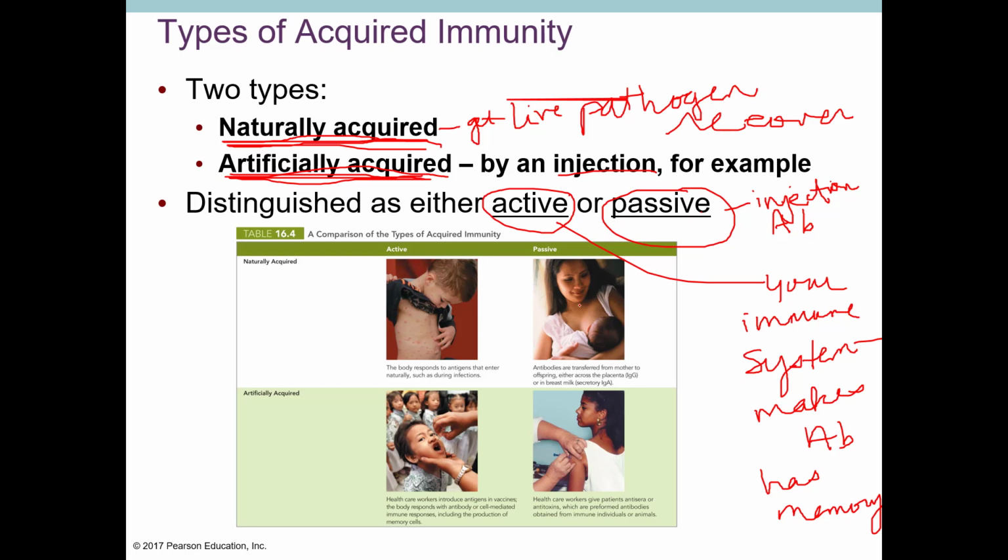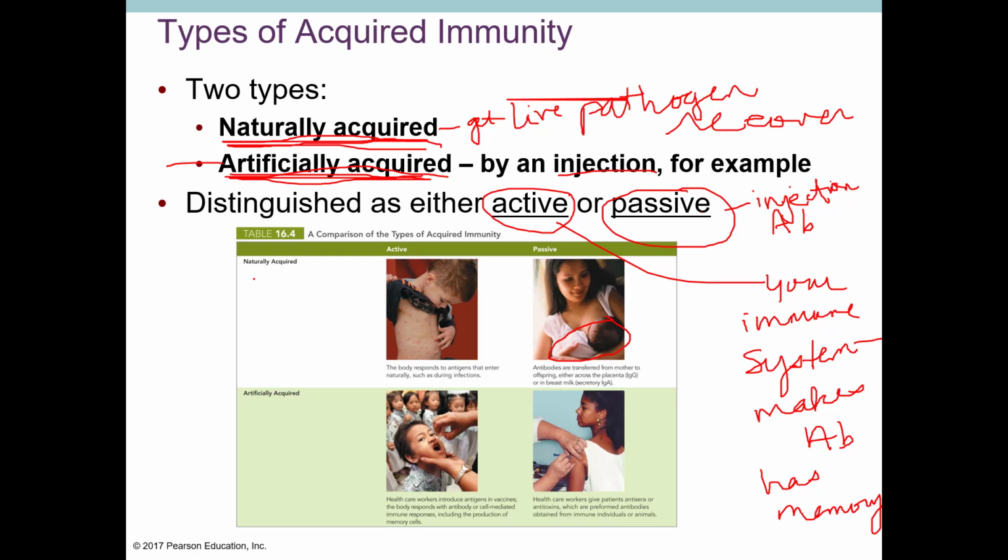The baby is getting a passive immunity because they're getting antibodies through the breast milk, but the breast milk antibodies are considered natural. It's not an injection. So usually the definition of natural and artificial, in the end, if there's a needle involved, then it's artificial. So breast milk naturally has antibodies, but the baby is getting them in a passive way. Their body doesn't have memory cells.